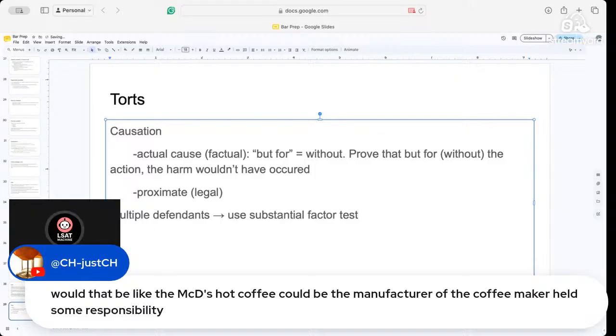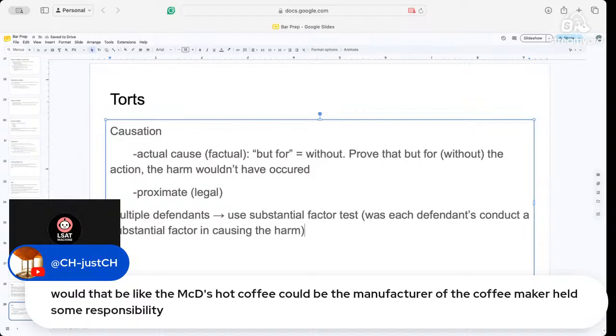Which just literally means the court has to decide if the action was a substantial factor in causing the harm. So, what are some examples of this?